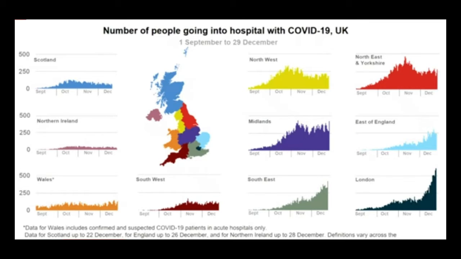With regard to the Midlands, the North West and North East Yorkshire, you can see that things are not running quite as hot as they were in early November. They've come down a bit, but they've stabilised at a high rate. They have not dropped low. So that's equally a problem that we face now.